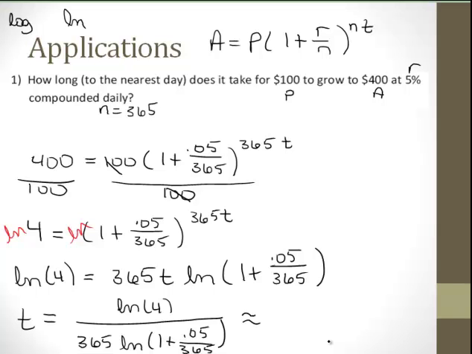Natural log of 4, I get 1.386294361, something like that. I'm just going to store that in A. Okay, so if I want to make a note, I can come over here and say natural log of 4 is stored in A. Alright, then I'm going to do 1 plus 0.05 divided by 365, and I get 1.000136986.